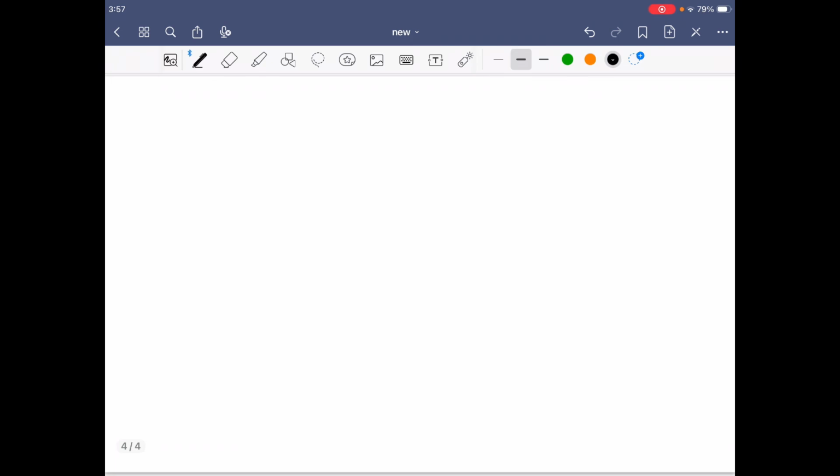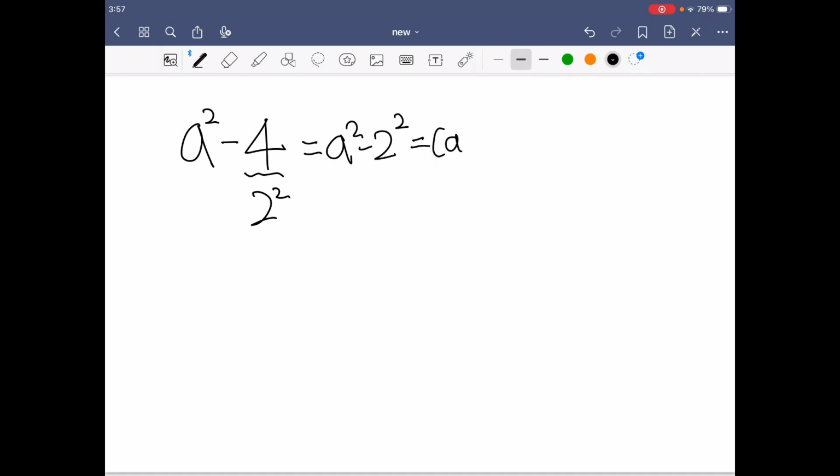For example, a squared minus 4. You know 4 is 2 squared, so it's a squared minus 2 squared, and that's how you get a plus 2, a minus 2. The expression is a difference of two squares, so that's how we get this factorization.